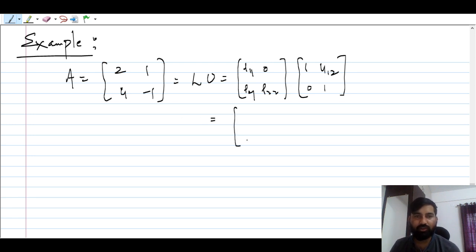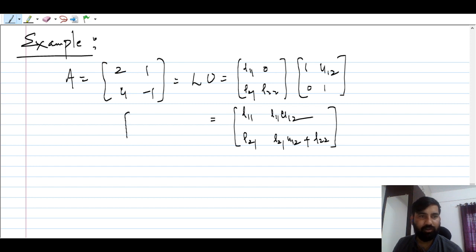After multiplication you get L11, L11 U12, L21, and L21 U12 plus L22. Now compare with 2 1 4 minus 1. Clearly L11 is going to be 2, and L21 is going to be 4.